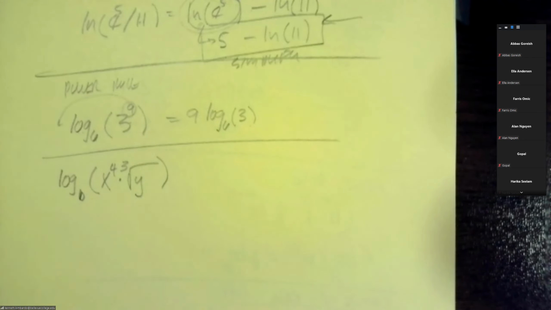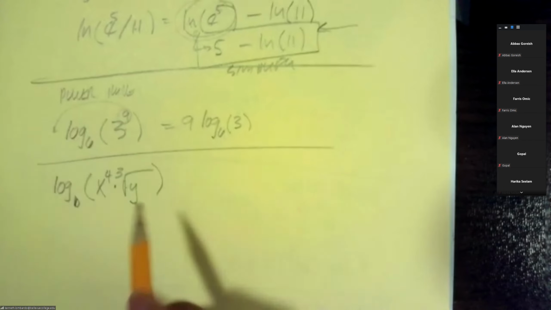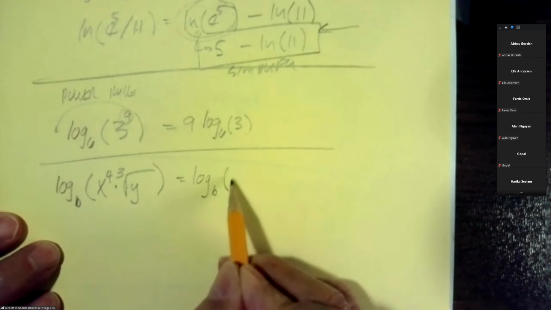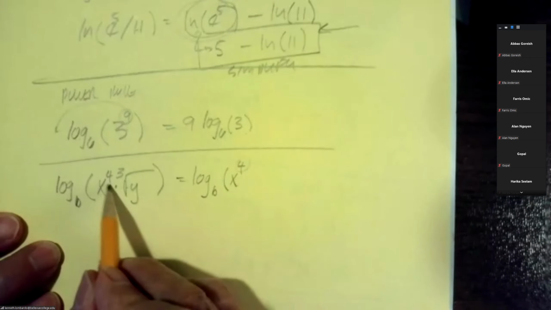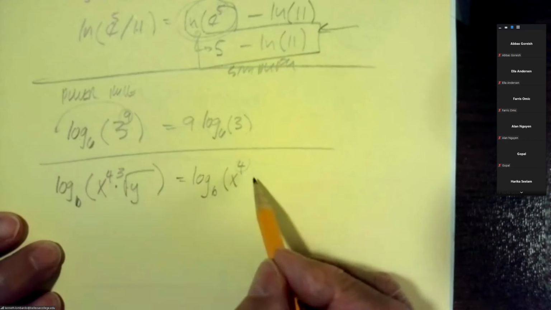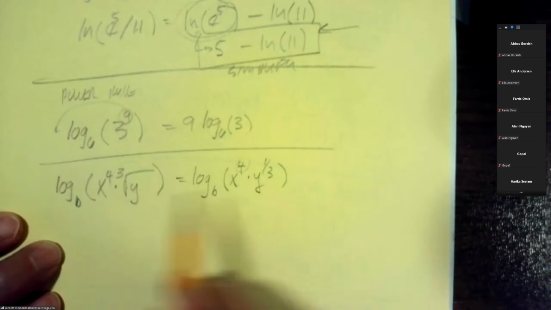And in general, when I'm working with these, I like to keep them looking like exponents rather than radicals. So I'm going to change this to log base b of x to the 4. That's an exponent. And this cube root of y looks like y to the 1/3, doesn't it?